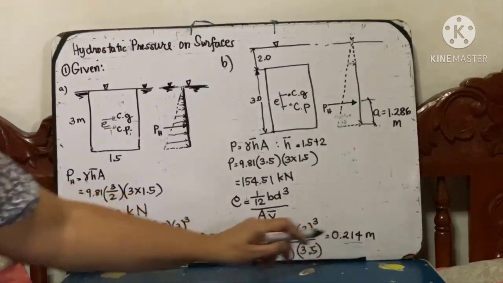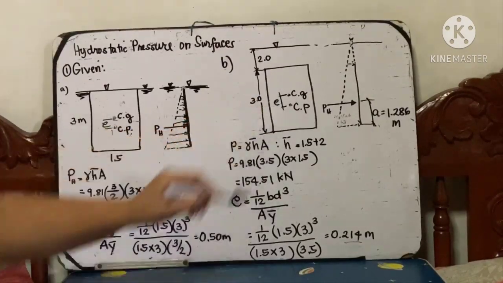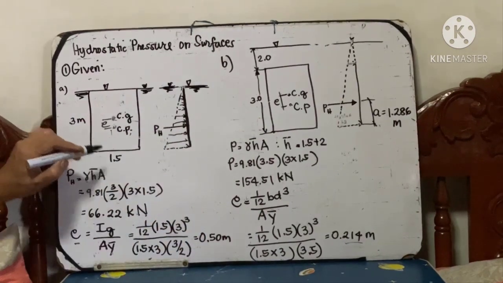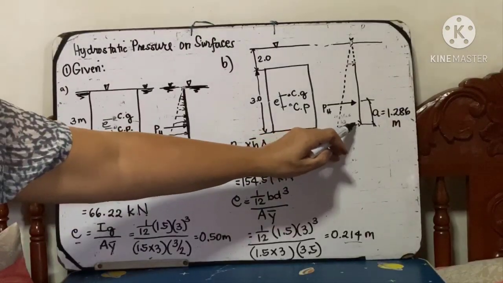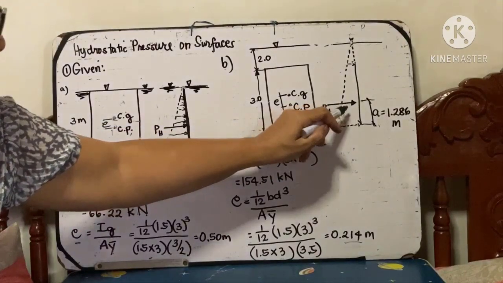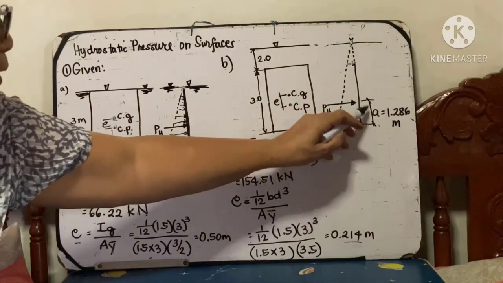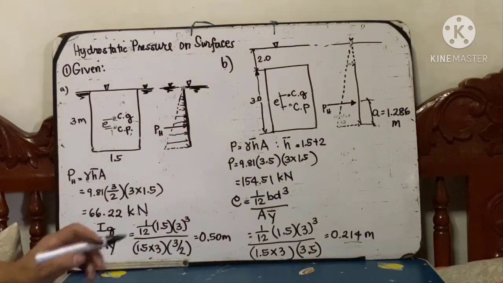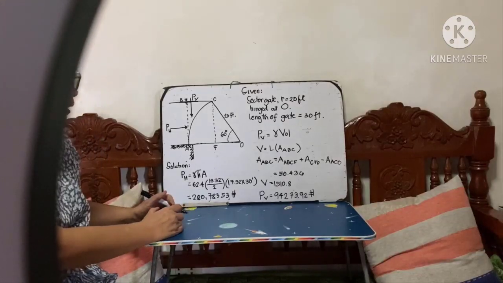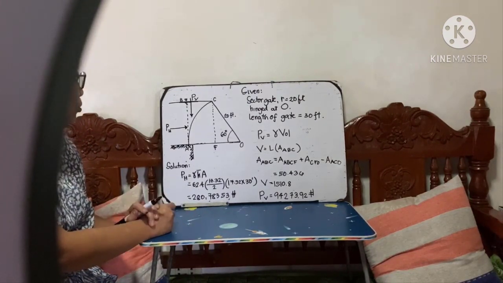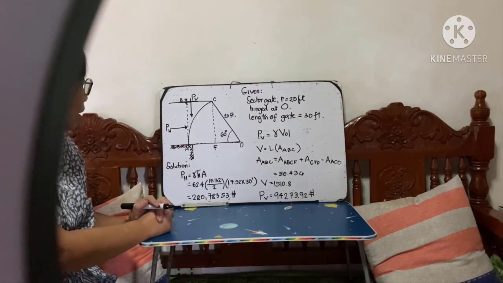So our E, the eccentricity, the distance between the center of gravity and the center of pressure, is 0.214. So earlier, the total hydrostatic pressure is 1.286 meters from the bottom. Earlier it was 1.5.